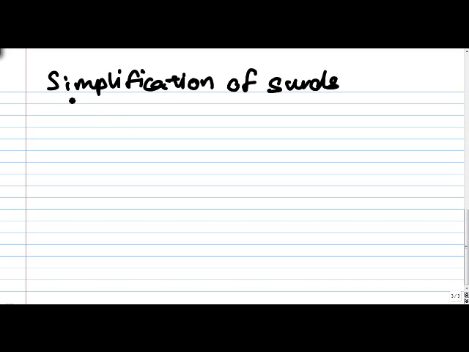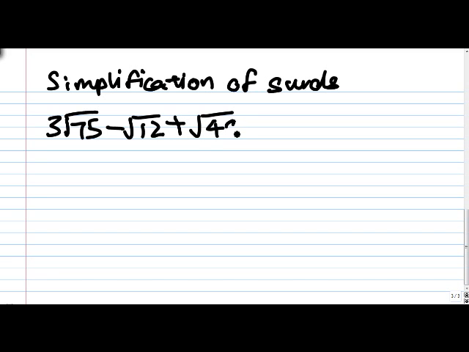We have an example here: 3 root 75 minus square root 12 plus square root 48.